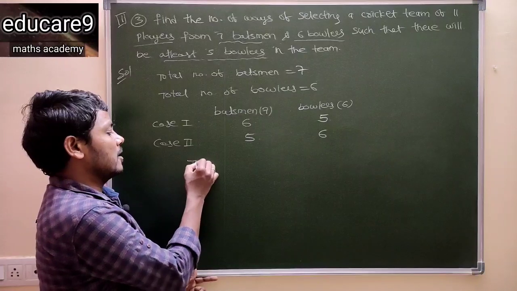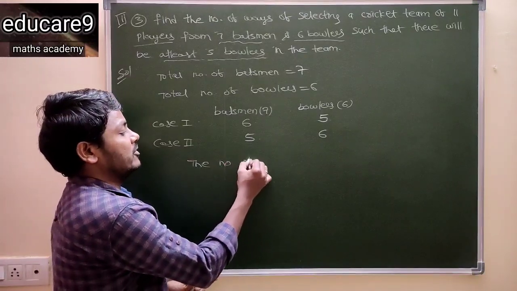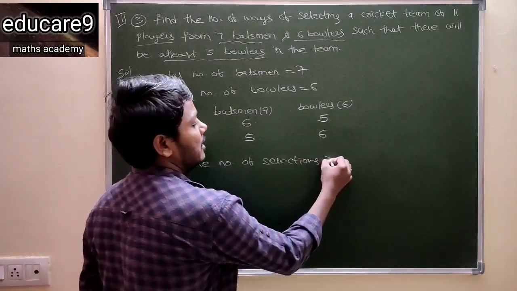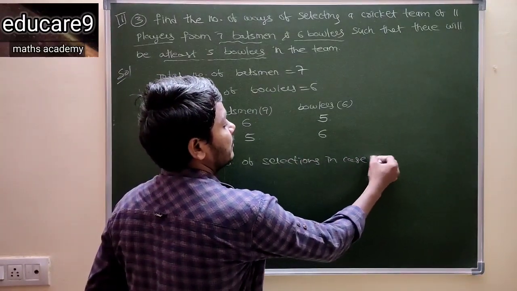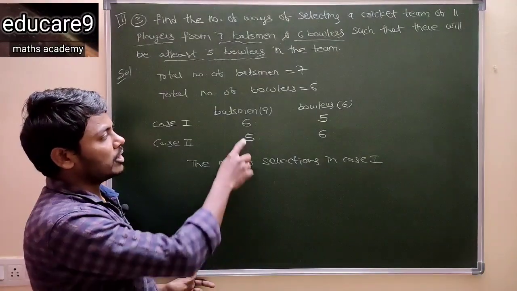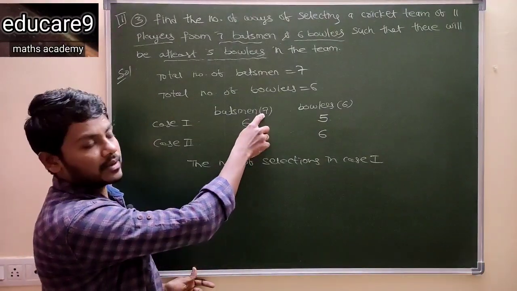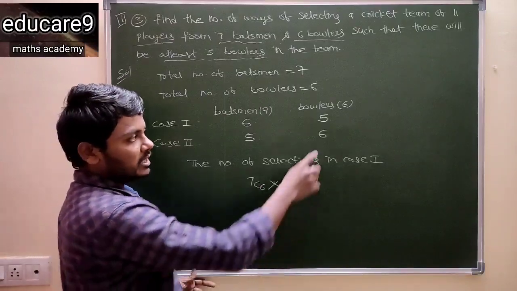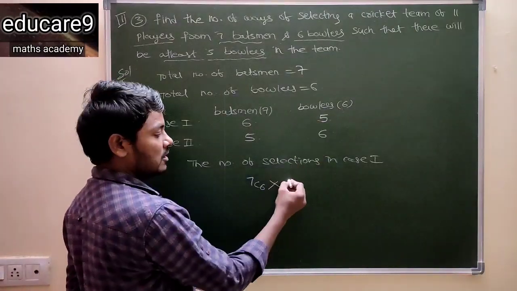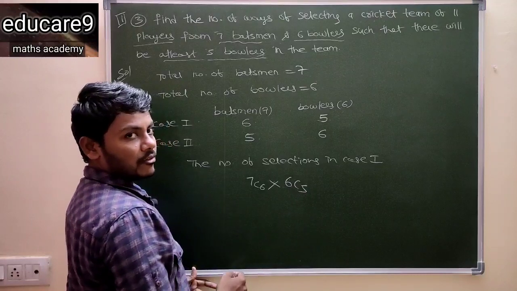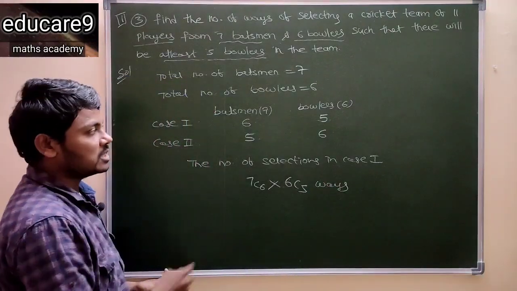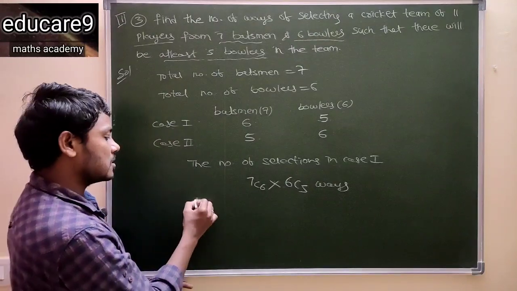So see here the number of selections in case 1. So total you have to select 6 batsmen out of 7. That is 7C6 into you need to select 5 bowlers out of 6. That is 6C5. So this is the first case. And second case.